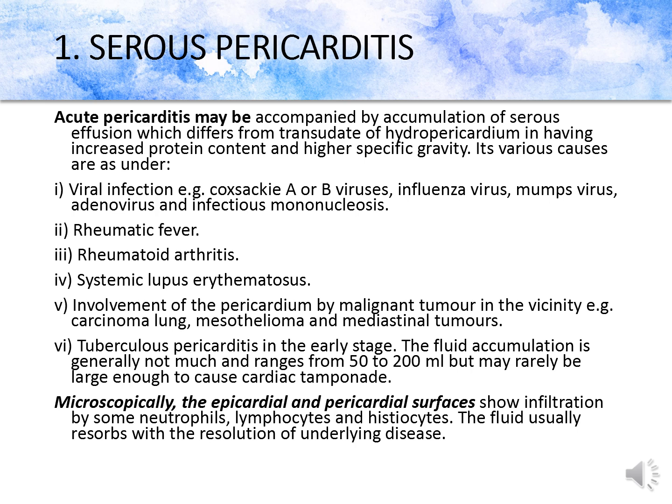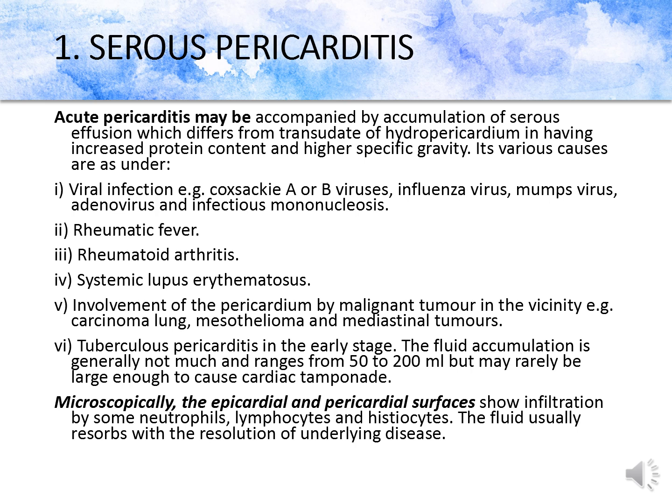And all types of pericarditis, acute pericarditis, serous type of pericarditis could be caused by various pathology like viral infection, rheumatic fever, rheumatoid arthritis, and other diseases.